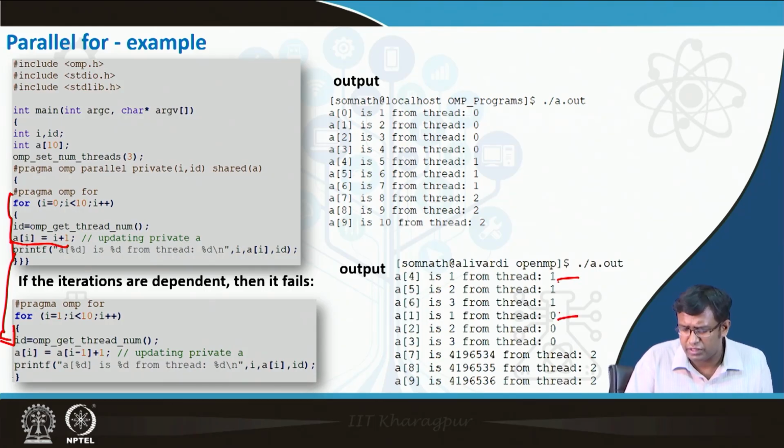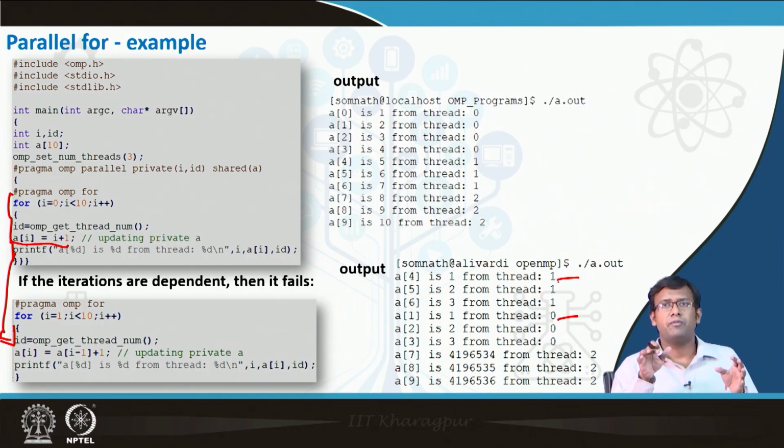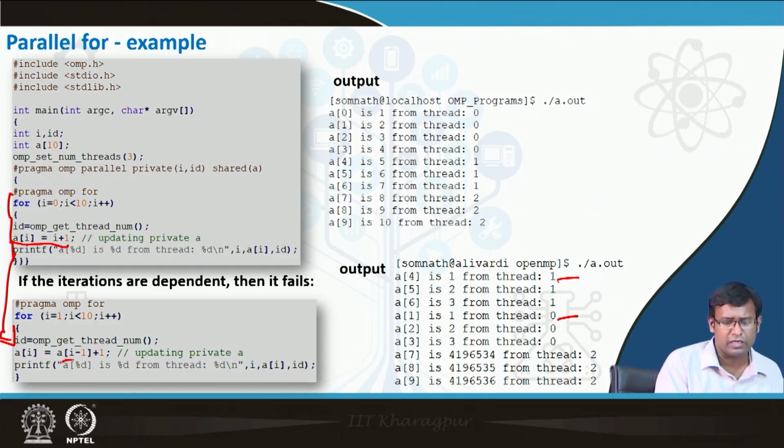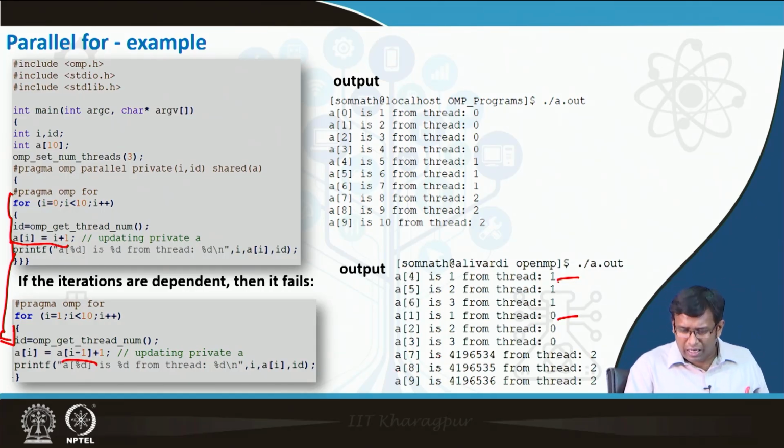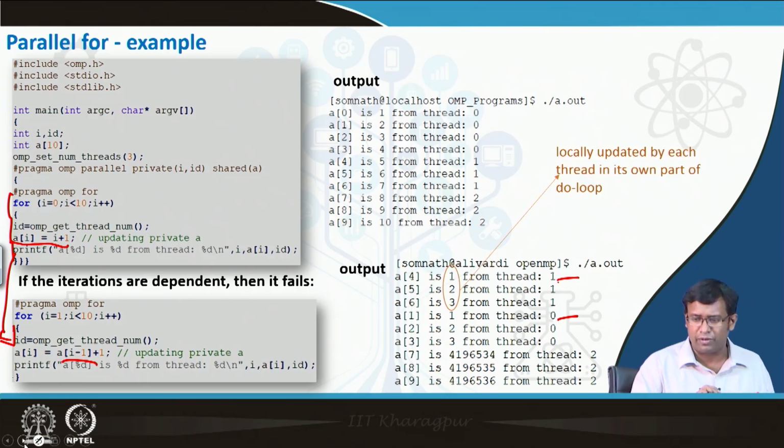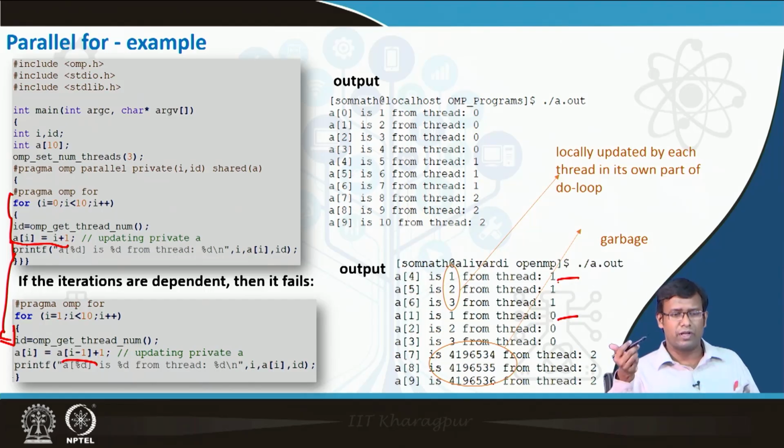It keeps on adding 1 to the next values of A. But this is a shared memory variable being accessed by multiple threads, and it is not rightly updated. This is an invalid for loop. The last threads are picking up garbage values, because these values are not rightly updated.